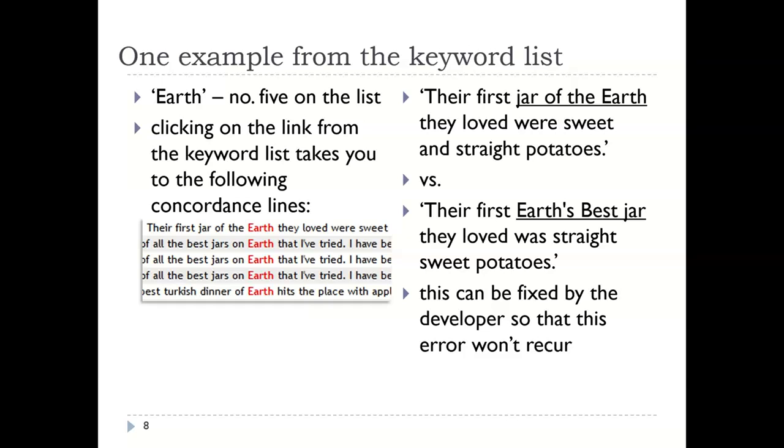And that's quite useful information for the developer, because obviously they will want the product names to come up correctly when translated. So the developer can add an automatic post-editing rule to ensure that particular phrase, which in this case happens to be a product name, will be translated correctly.